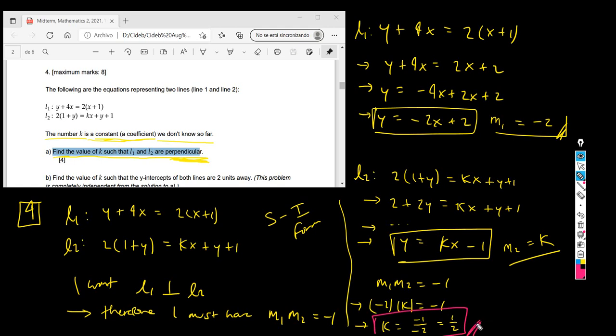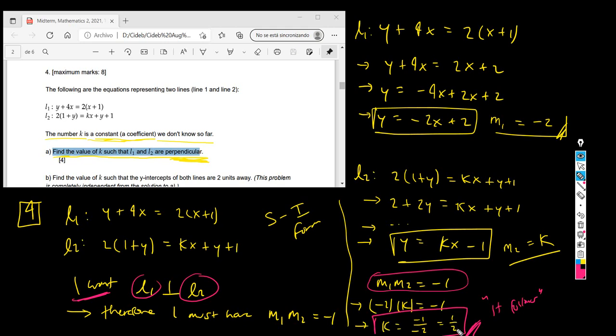And that's it. What is my conclusion? If I want this line to be perpendicular to line 2, I must have that the multiplication of the slopes is -1, which is what I wrote in here. And if this is understood as being true, then it follows, se sigue, it follows that k must be 1/2.